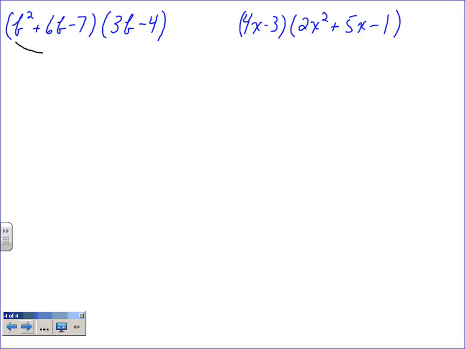b squared times 3b would give me what? Not 4b squared, 3b squared. Because that's 1b times 3b. 1 times 3 is 3, okay? Actually, I'm sorry, that's 3b cubed.